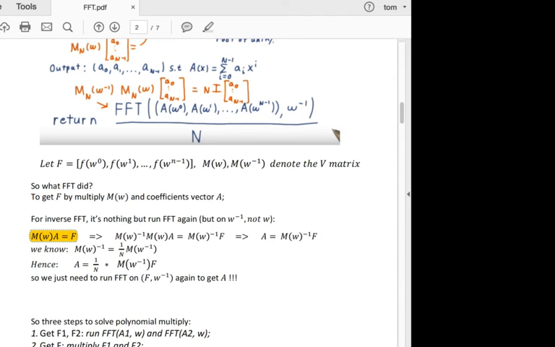The coefficient of C is the convolution of A and B. No problem. The summation is only valid at a single point.